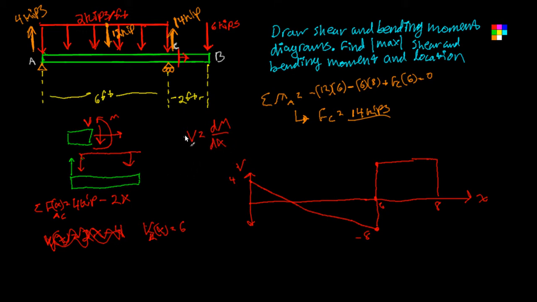And so we can find our bending moment by calculating the area underneath our V function here, which I think is easier. It might not be possible if it's something more complicated, but we can find it, and we'll just do that.